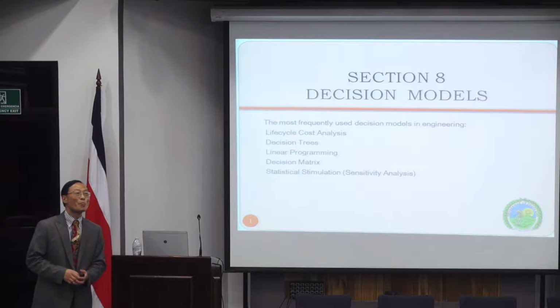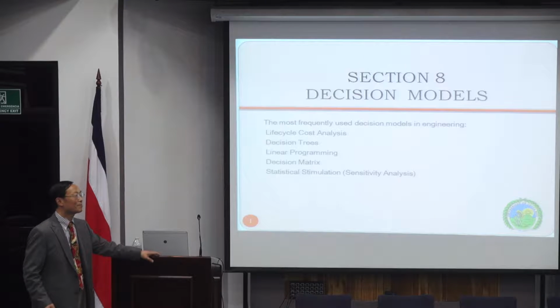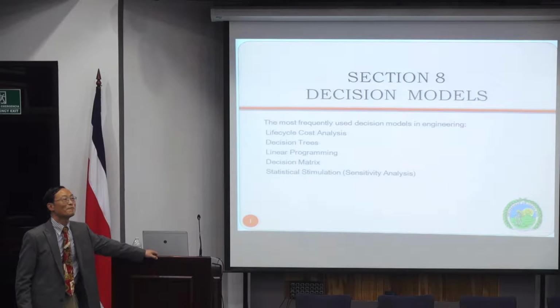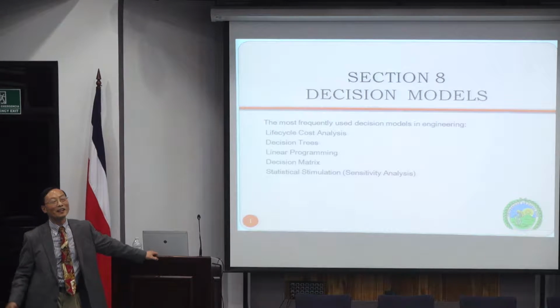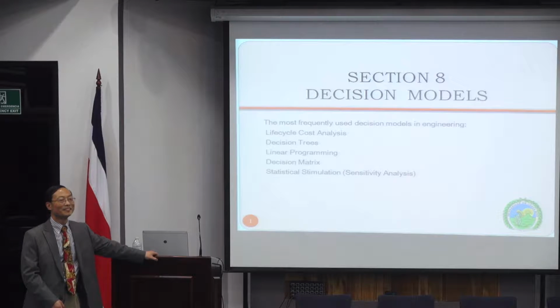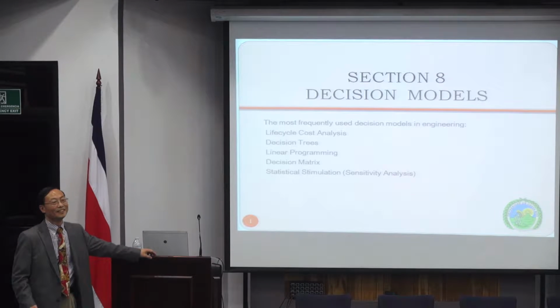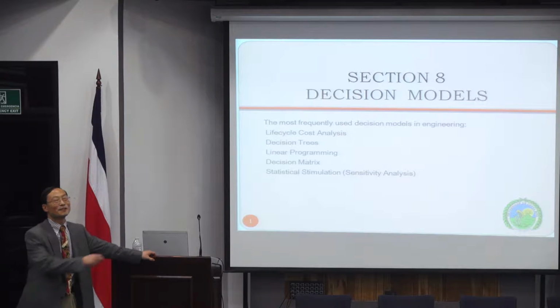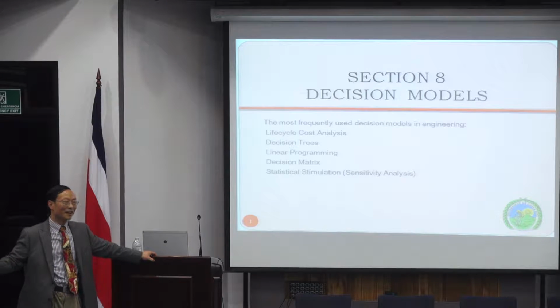So, decision is very, very complex. It's not really like the science we engineers or scientists know. For scientists or engineers, we know there's a right answer, there's a wrong answer, there's nothing in between. For decision making, it's a spectrum, like a rainbow.